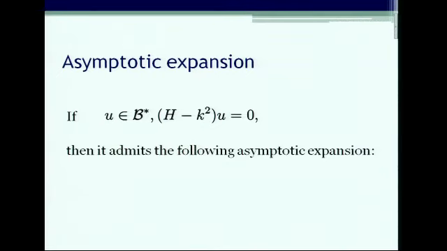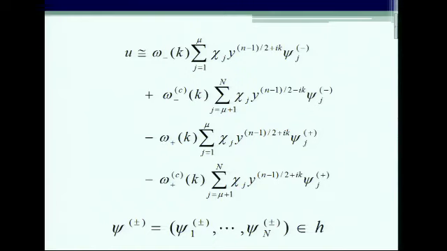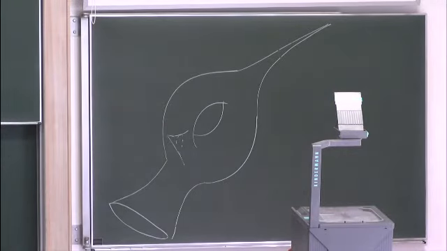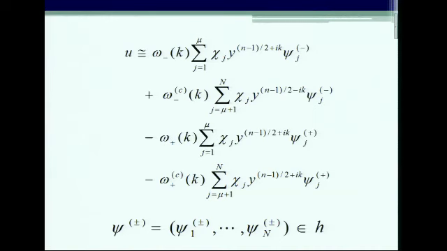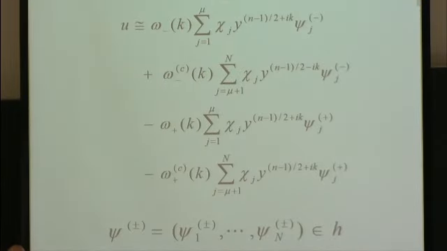And any solution in B star of the Helmholtz equation admits the following asymptotic expansion. Namely, in any end, it has this form. Here this n is now equal to 2.